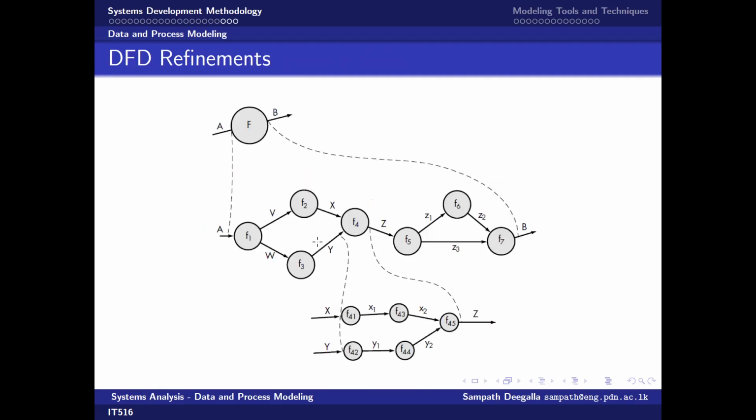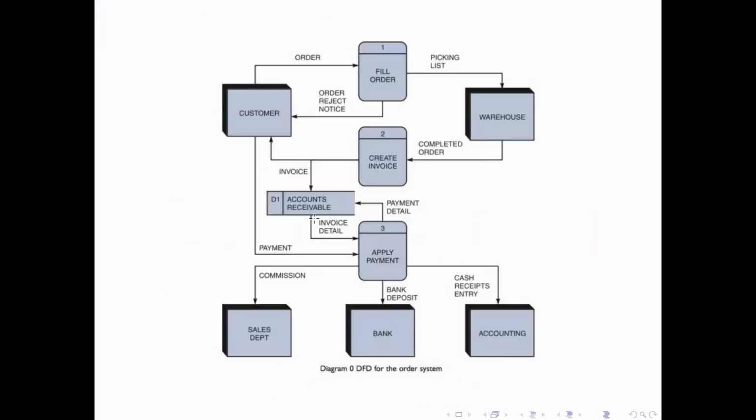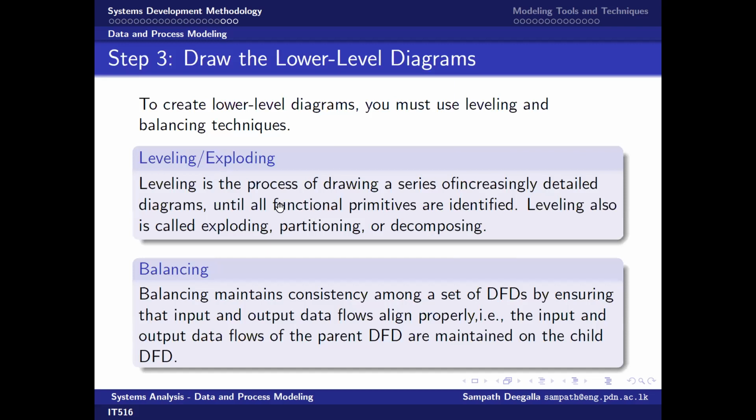Right. So what we were discussing is data flow diagram refinement. The very first one we called the context diagram, then level 0, level 1, and so on. And how do we go from the context diagram into details? There are two techniques that we discuss: leveling, or exploding, and balancing.